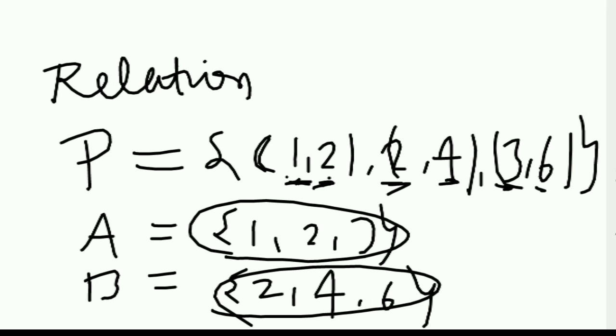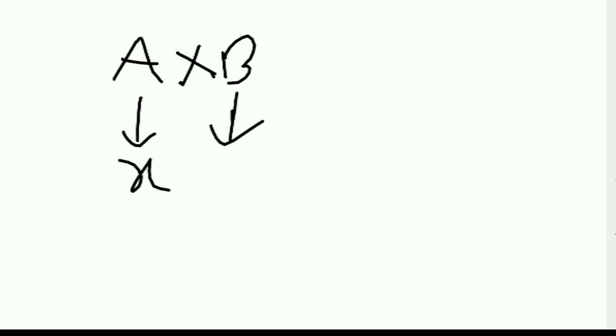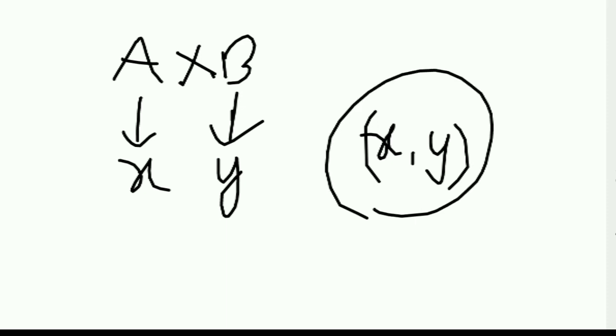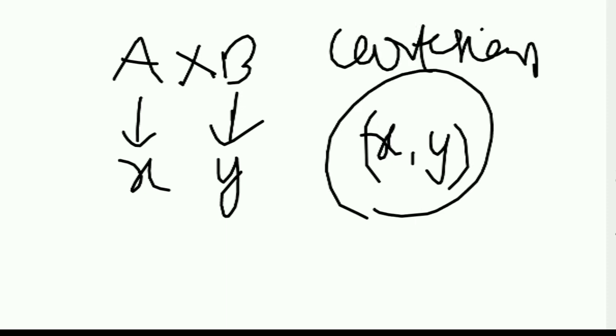So how can we represent it? If you have the Cartesian product of these two sets, the Cartesian product of sets means you are taking the first element, for example x, from A, and you are taking the second element from set B, for example y, and you are having their ordered pair. This is your Cartesian product.